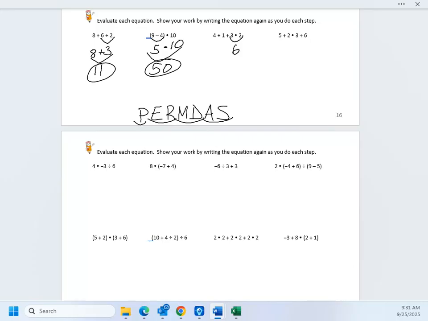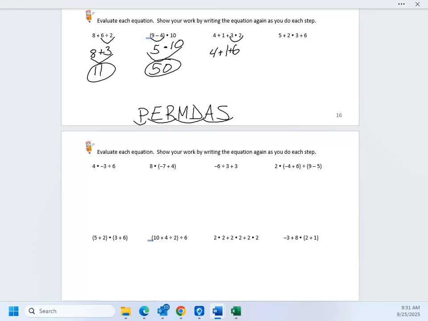Bring down the 4 plus 1. I bring down all the stuff I haven't done yet. So I have to bring down 4 plus 1 plus the 6. So you always bring down anything because we are rewriting the equation every time.